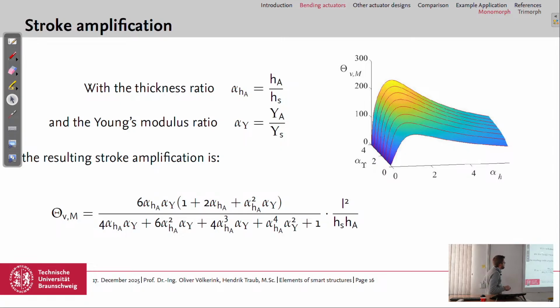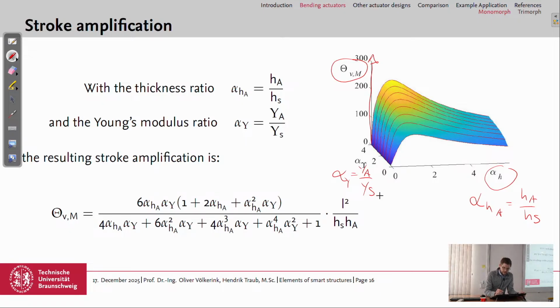And what we now can do is look at the different ratios using the stroke amplification and plot it. So here on the z-axis we have the stroke amplification. Here is alpha HA, which is HA divided by HS, and here is the ratio of the Young's modulus.